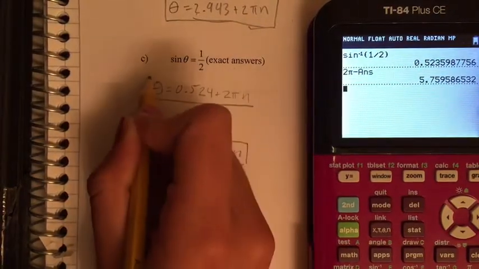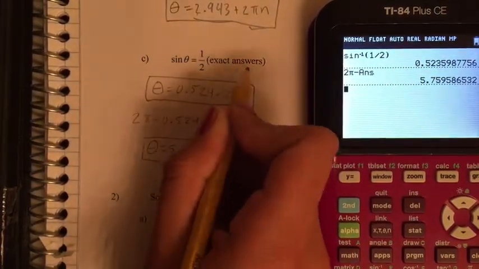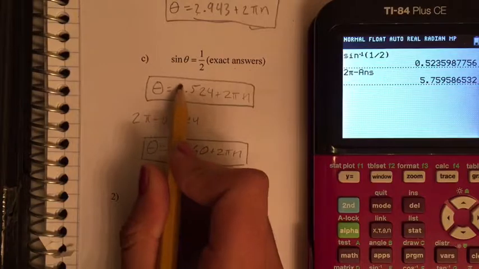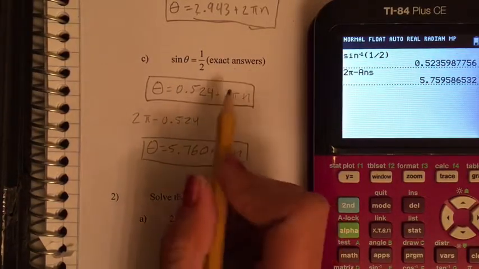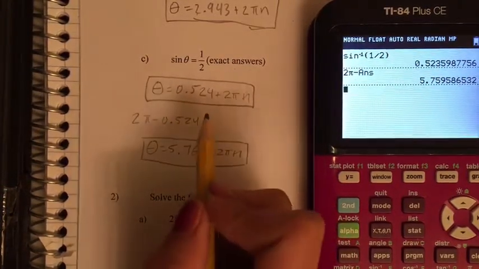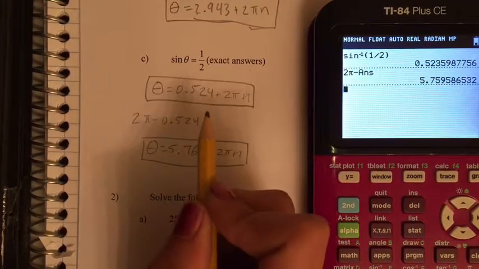When it asks for an exact answer like it does up here, you want to make sure that you have decimals. In some cases you won't have decimals, but just keep in mind that exact answers probably want decimals.